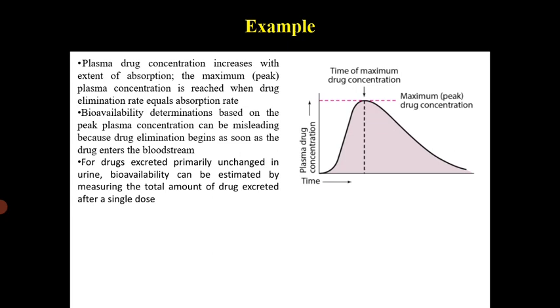You're getting this, it is an example. After multiple dosing, bioavailability may be estimated by measuring unchanged drug recovered from urine over a 24-hour period under steady state conditions. Understood? Understood bioavailability?